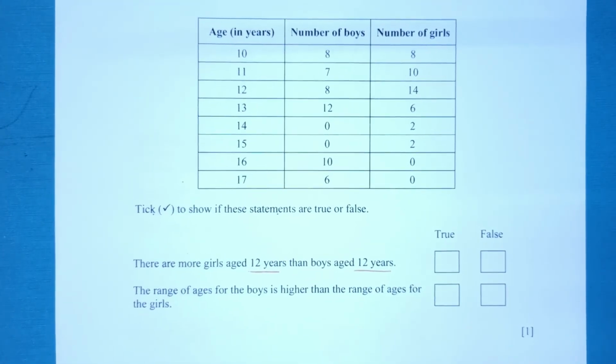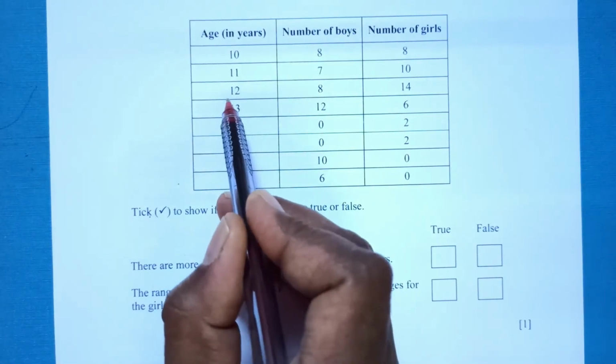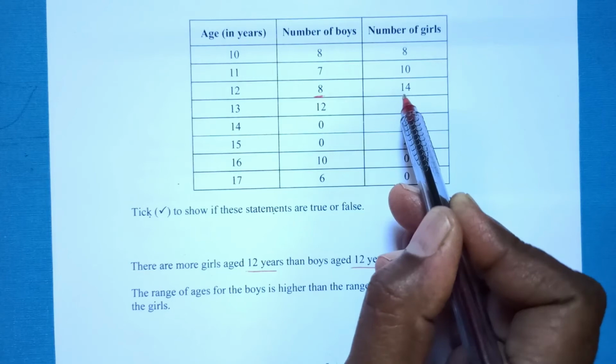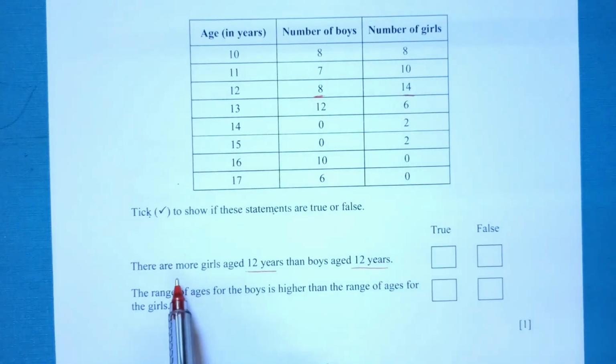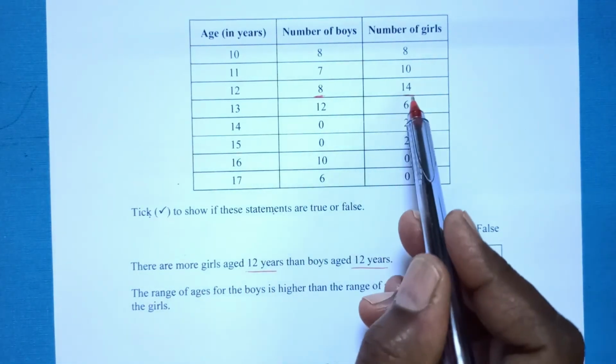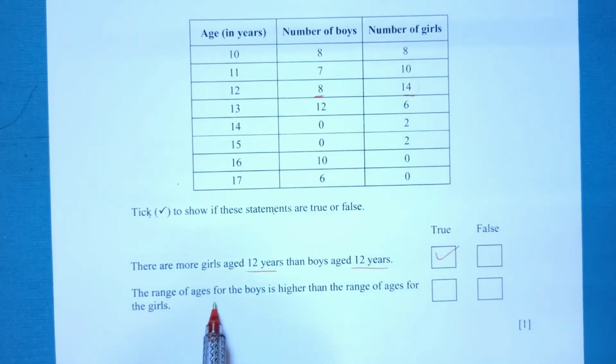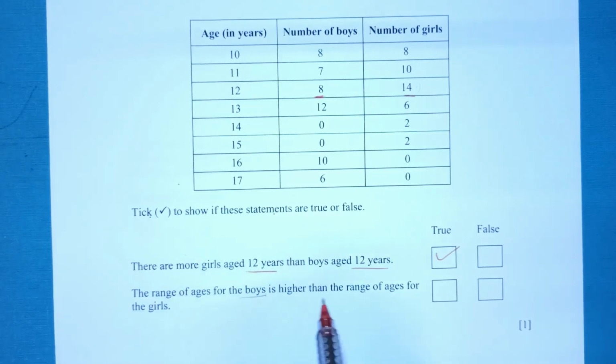For 12 years, this is the column of 12 years. So this is 8 and this is 14. So he said there are more girls of 12 years. Yes, they are more. So this is true.